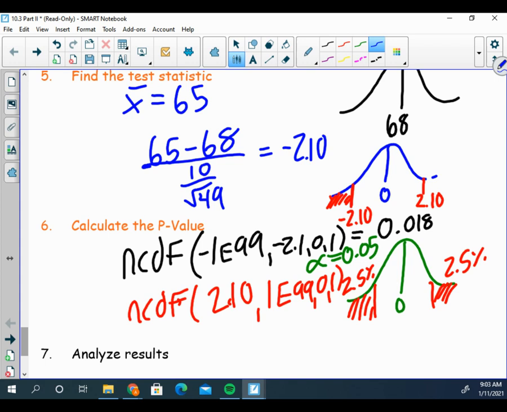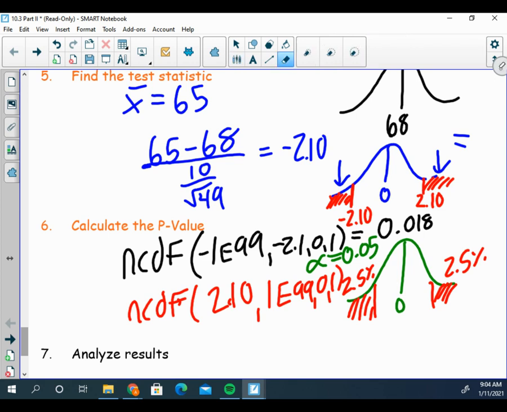When we look at this normal curve, it's symmetrical, right? So the amount of area here is the exact same as the amount of area here. They're equal because it's symmetrical. Therefore, if there's 0.18%, there's that much area here.